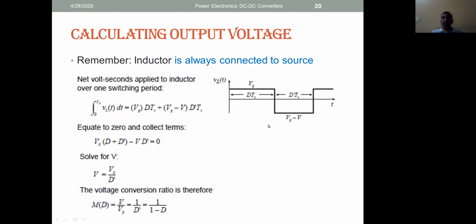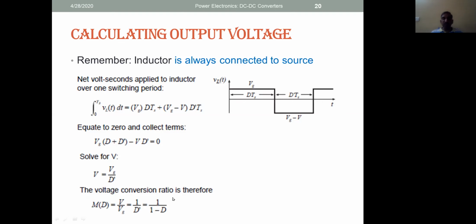Equate this to 0, because the inductor voltage has to be 0 over the cycle. So Vg into D plus D dash, meaning 1 in short, Vg minus V by D dash. So let us solve this for V. V is Vg by D dash, not D, remember.